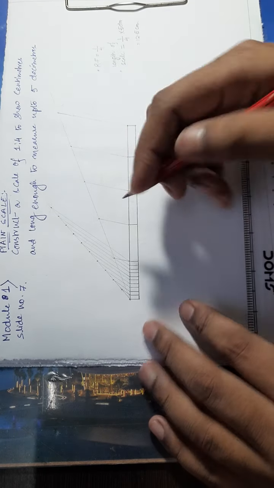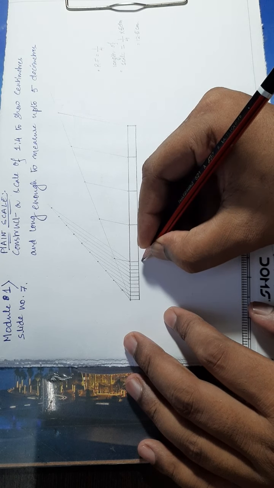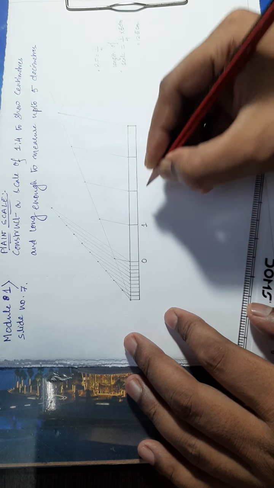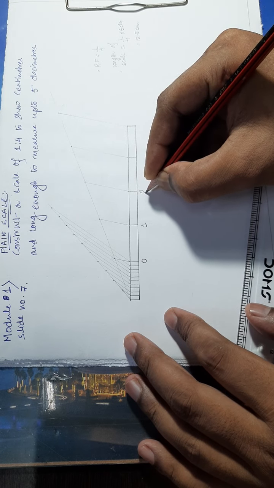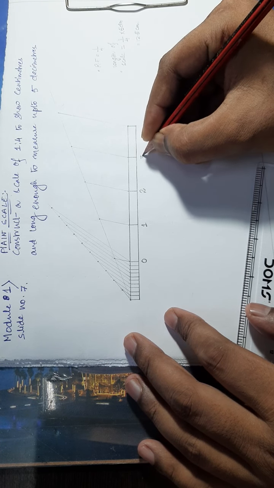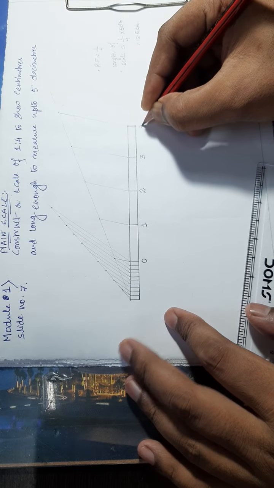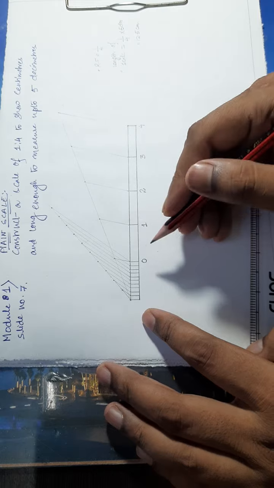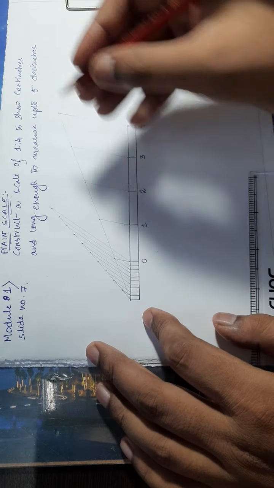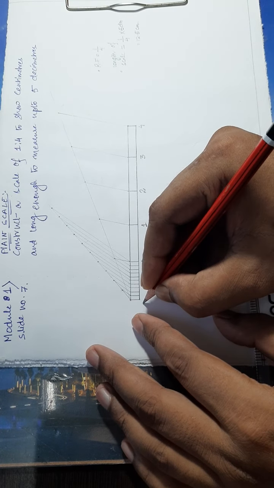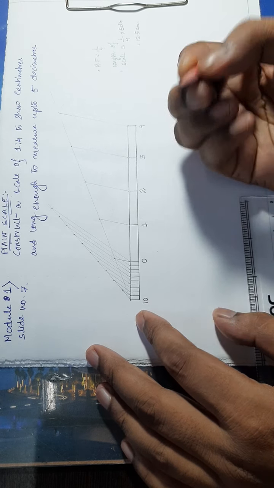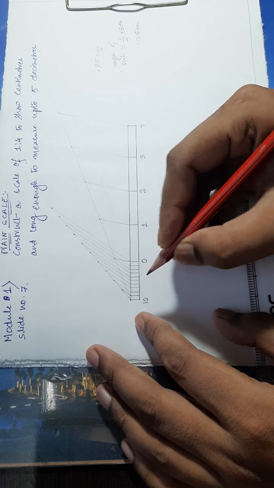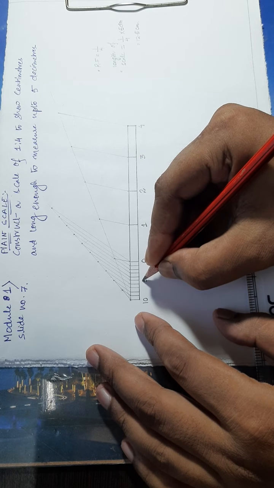Now if we mark them, so this is 0, this is 1 decimeter, this is 2 decimeter, this is 3 decimeter, and this is 4 decimeter, and again this is 1 decimeter, so total 5 decimeter. But on this side we will not mark decimeter, we will mark centimeters. So 10 centimeter equal to 1 decimeter, and 1 2 3 4 5, this is 5 centimeters.